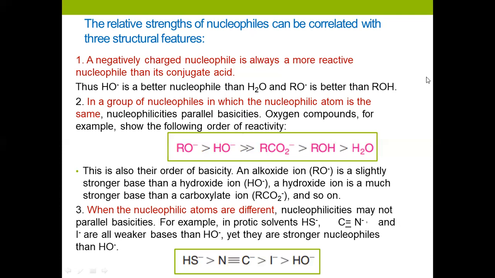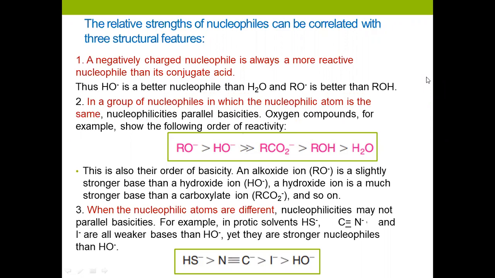So by definition, nucleophiles and bases are actually the same. In fact, nucleophiles are bases, but not all bases are nucleophiles. Nucleophiles look for a positive center. It's always a reagent, it's always a reactant.